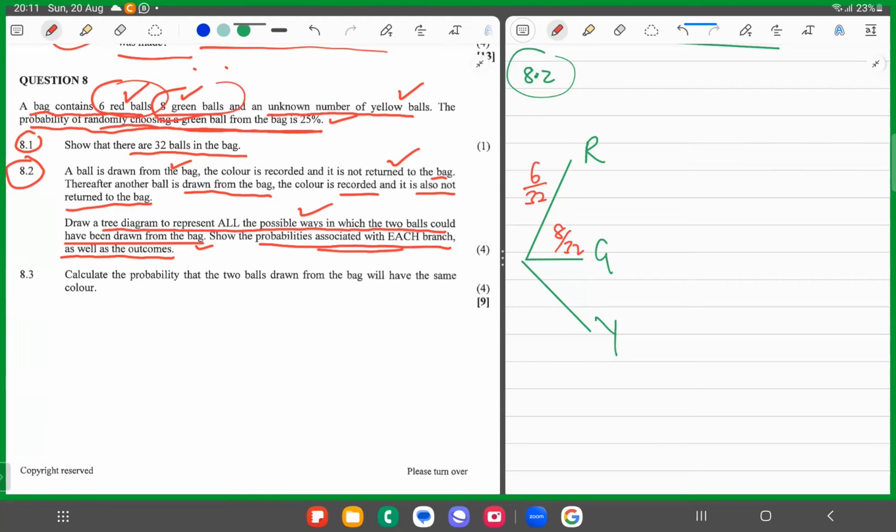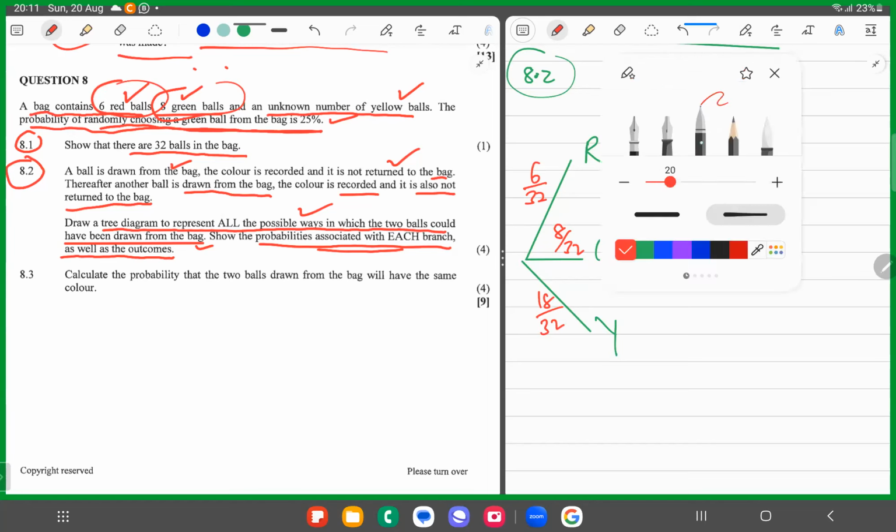Because 6 plus 8 is 14, you need 18 to make them 32. So there are 18 yellow out of the 32. That is the probability. Right, so we continue with the probability estimations.